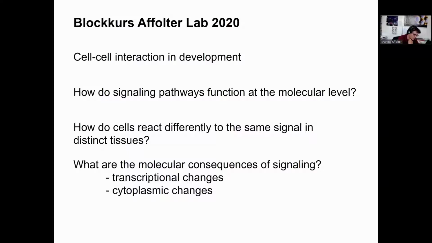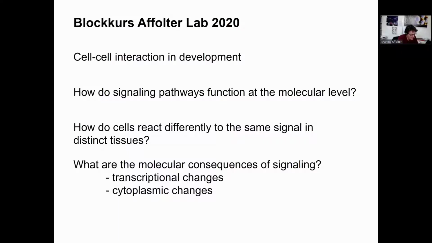And when transcription changes, then the cell moves on its pathway and will not be the same as before. It will not necessarily return to the state as it was before. So transcriptional changes are usually relatively stable because you build up new proteins, and these new proteins have feedback loops in many cases. So these transcriptional changes really bring the cells from one state to another state.